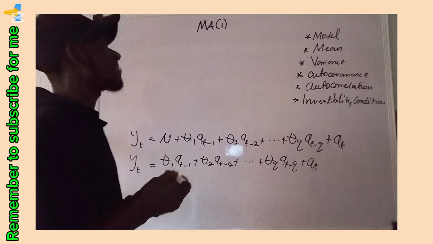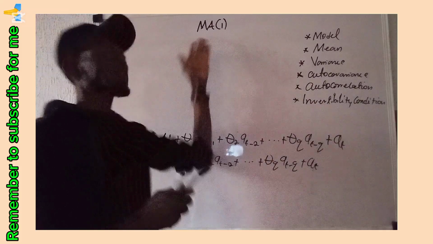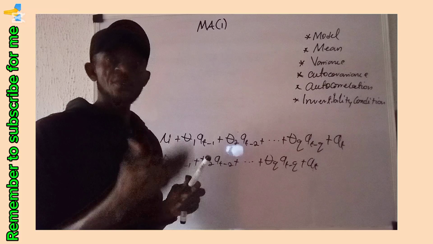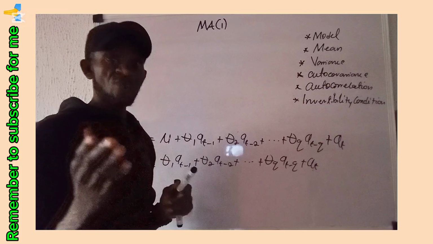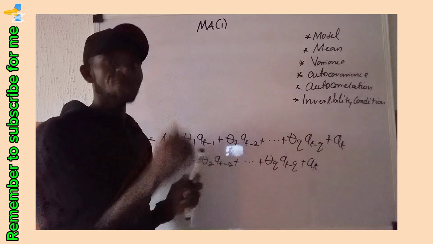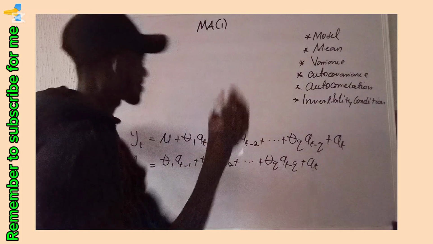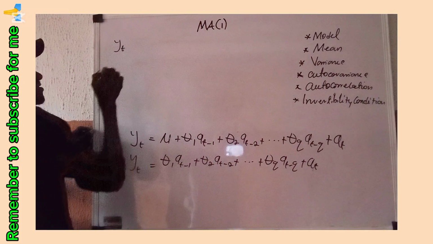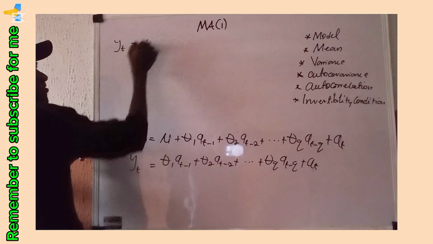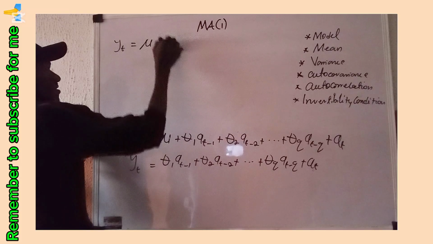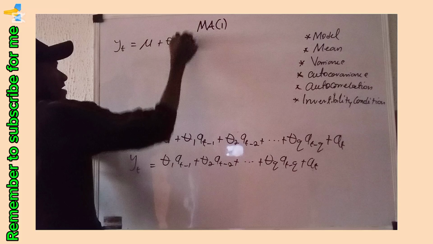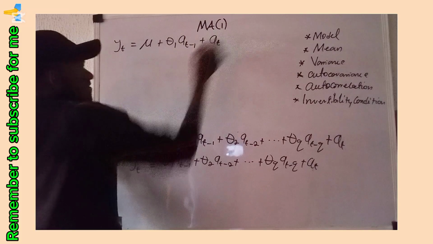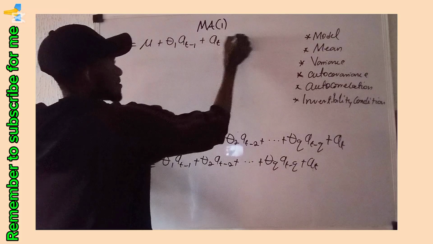So let us start by looking at how we write the moving average model of order 1. Each model can be written in either of these two forms. It can be written as y of t is given as mu plus theta 1 a of t minus 1 plus a of t. Let me call this model 1.